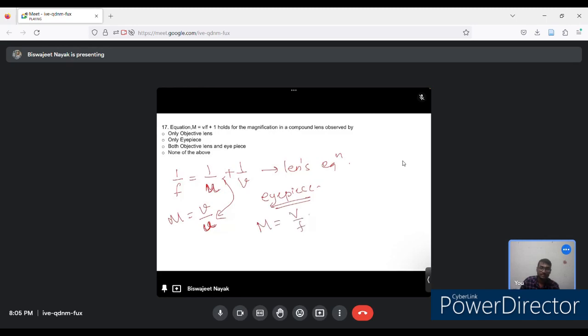So magnification in a compound microscope is contributed by the eyepiece, and for the objective lens it is v by f minus 1.